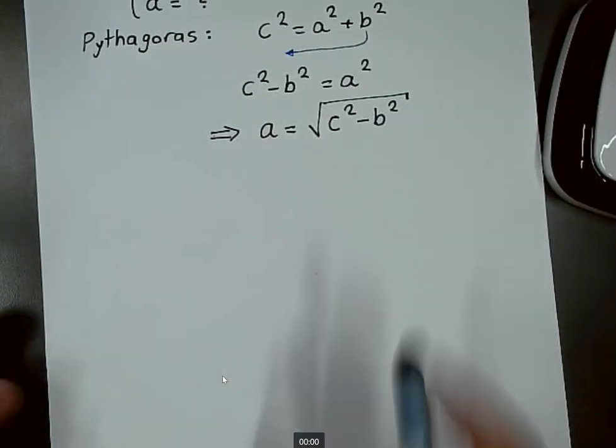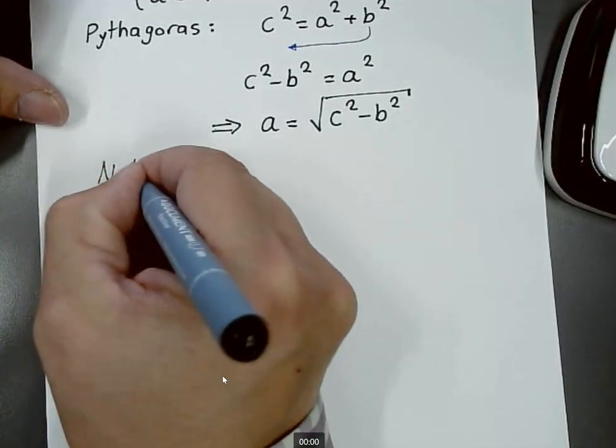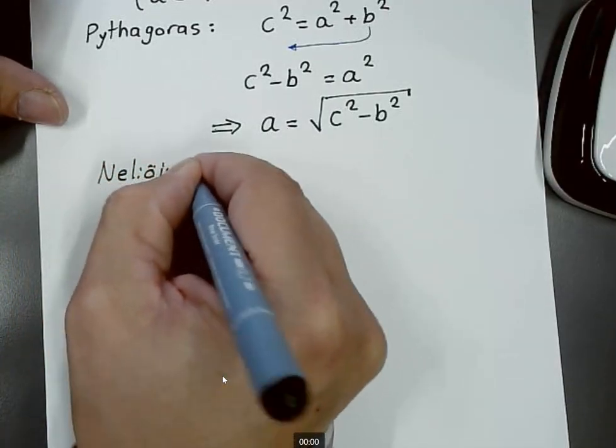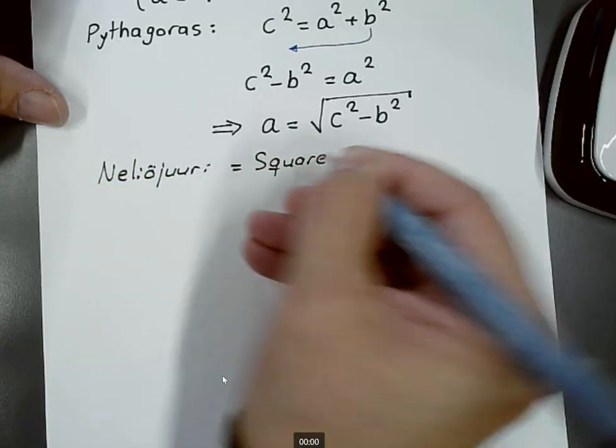By the way, this neliöjuuri is square root.